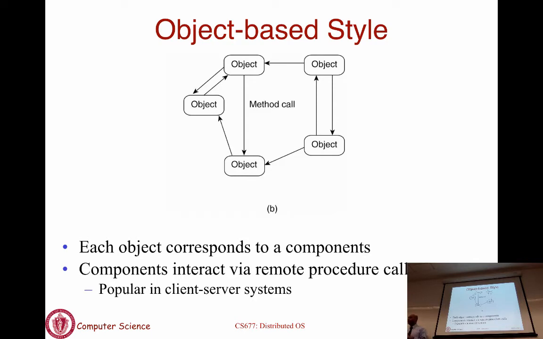Very similar to what happens in an object-oriented program that you write, except that this is a distributed application and the objects themselves are distributed. So we relaxed a restriction on the layered architecture. Here any object can communicate with any other object, so it's a more flexible architecture. This is popular, as you will see, in many different scenarios, including client-server systems.